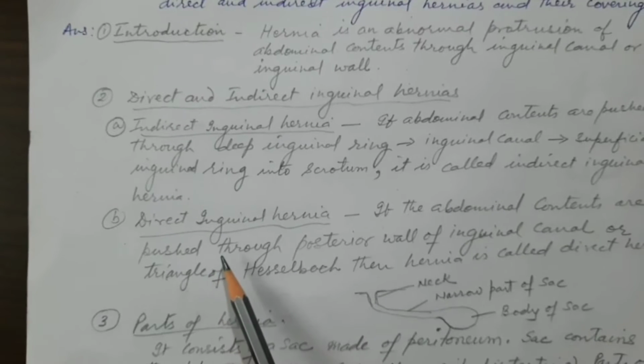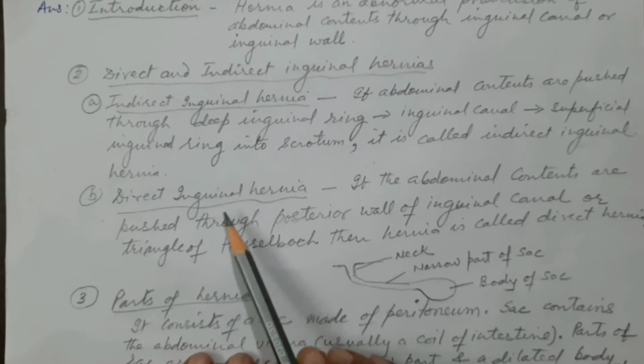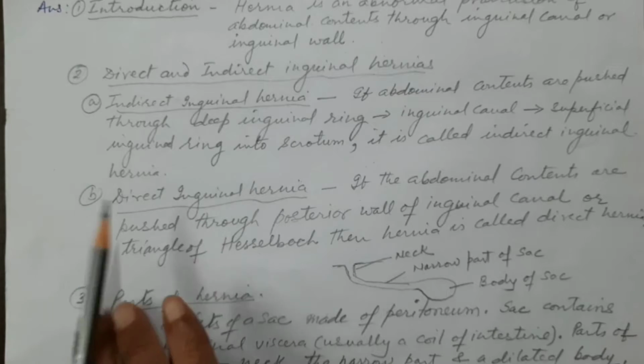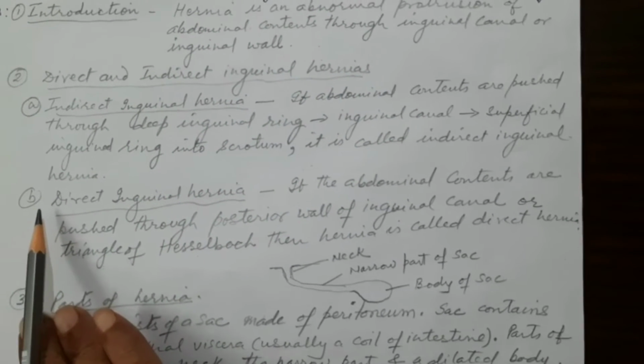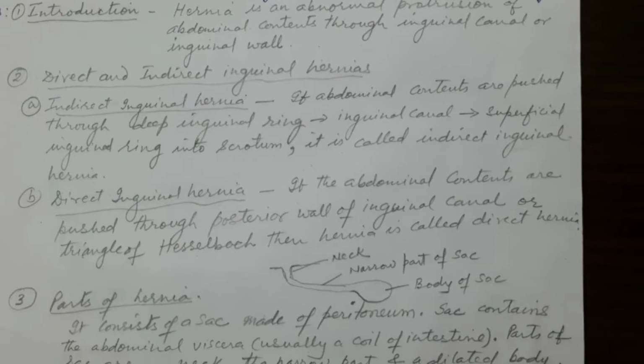The second kind of inguinal hernia is called the direct inguinal hernia. And what is there in direct inguinal hernia? It is again an abnormal protrusion of the abdominal contents, where the abdominal contents are pushed through the posterior wall of the inguinal canal.